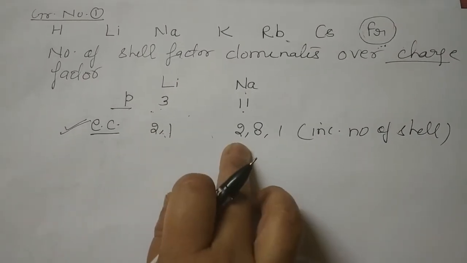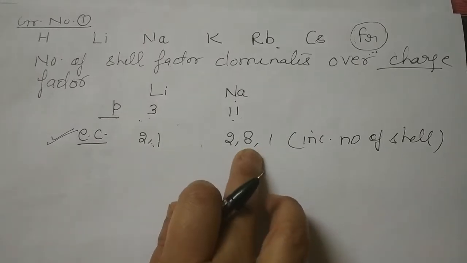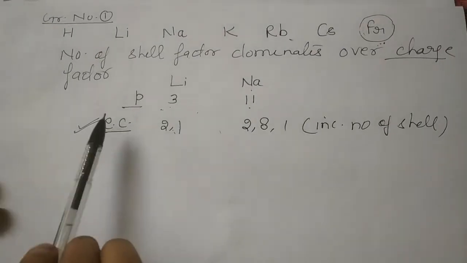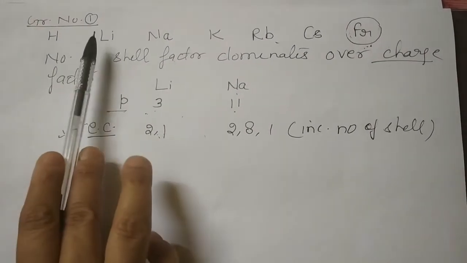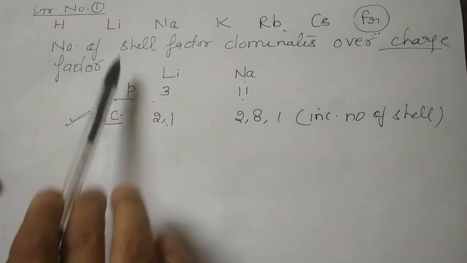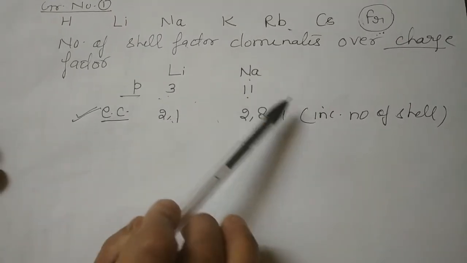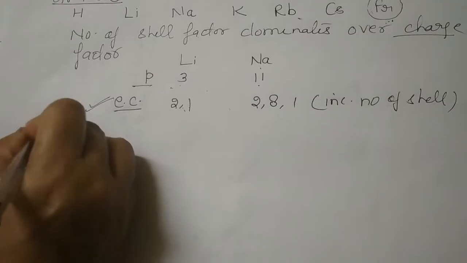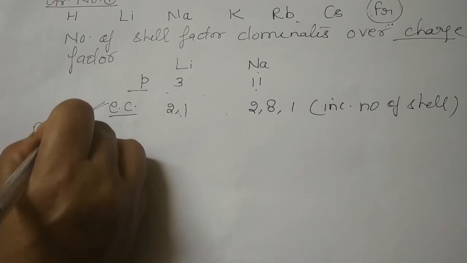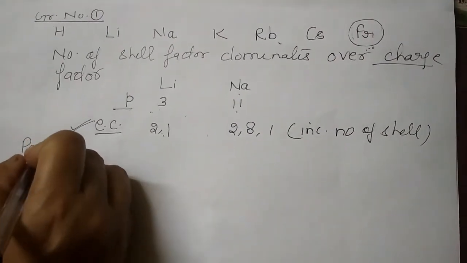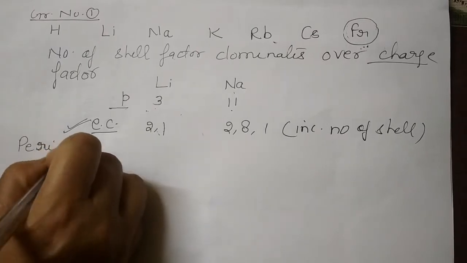For a group, we have to consider the number of shells. That means moving down a group, from top to bottom, atomic size always increases. Now we come to the period.